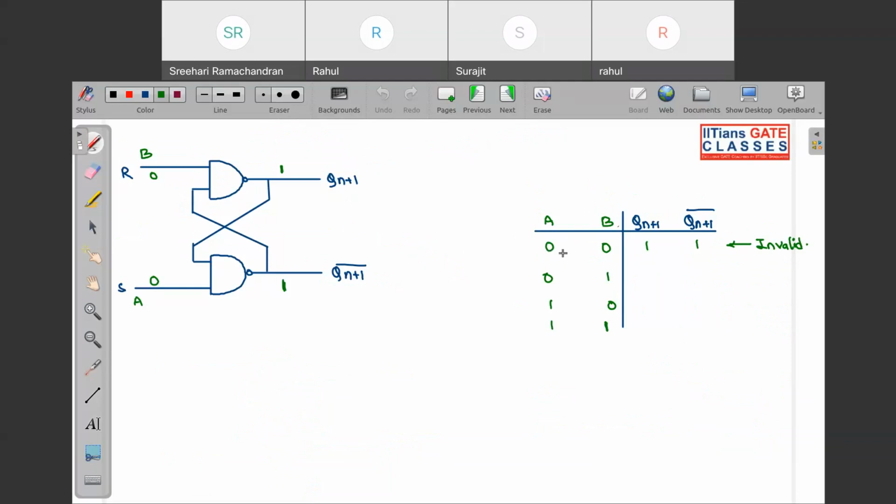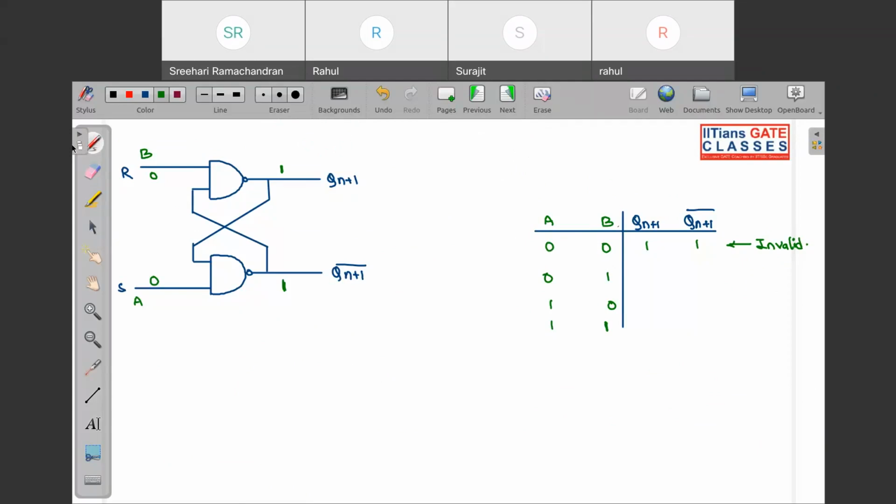If you study an old textbook, here we don't have set and reset, we have set bar and reset bar, because in a NAND gate, applying 0 means applying input. But that would be very complex for you to understand.